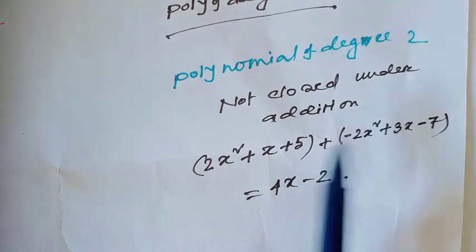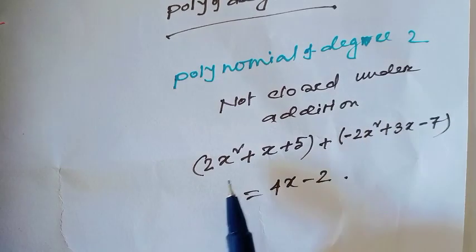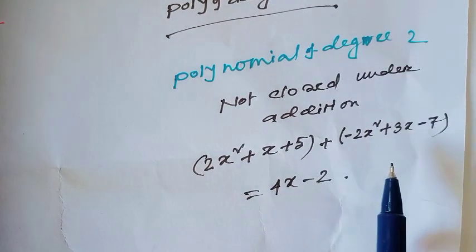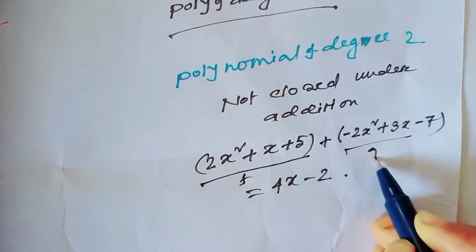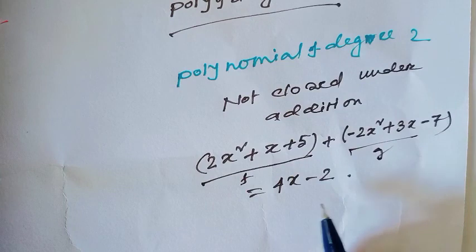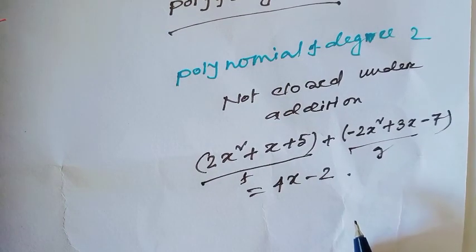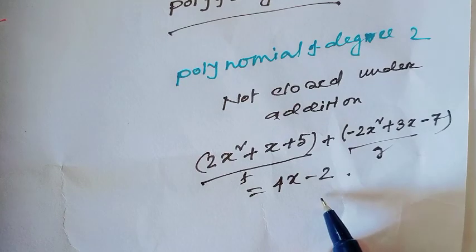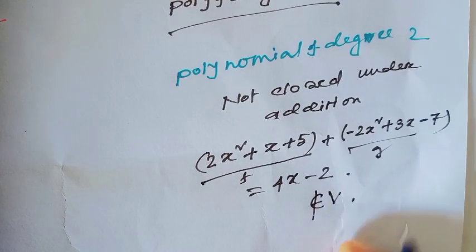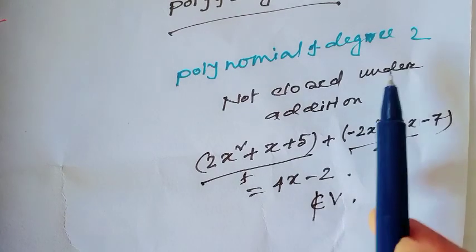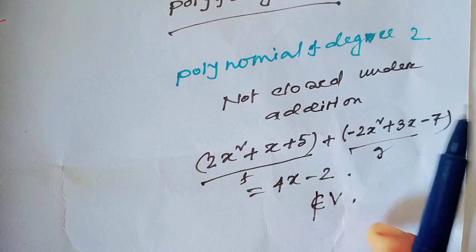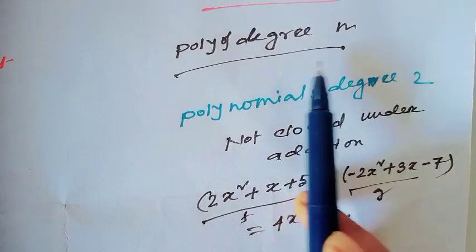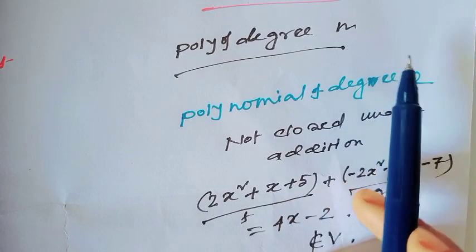Here this is not closed under addition, because consider two second degree polynomials, f and g. Then their sum would be 4x minus 2, which is not a second degree polynomial. So this does not belong to the set denoted as polynomials of degree 2. Are you getting why I told you polynomials of degree n are not a vector space?